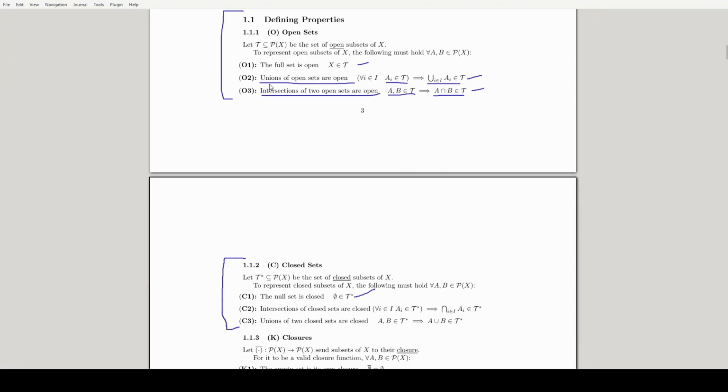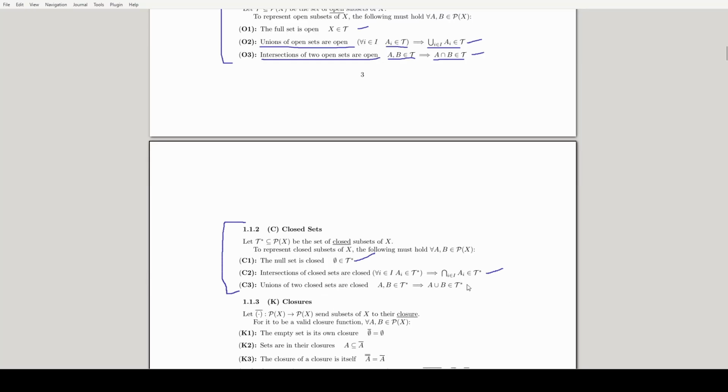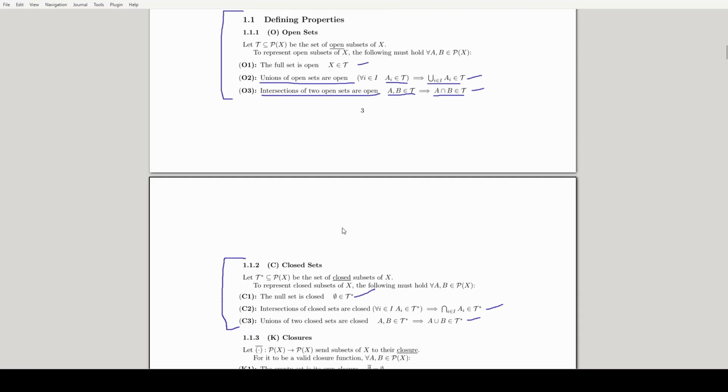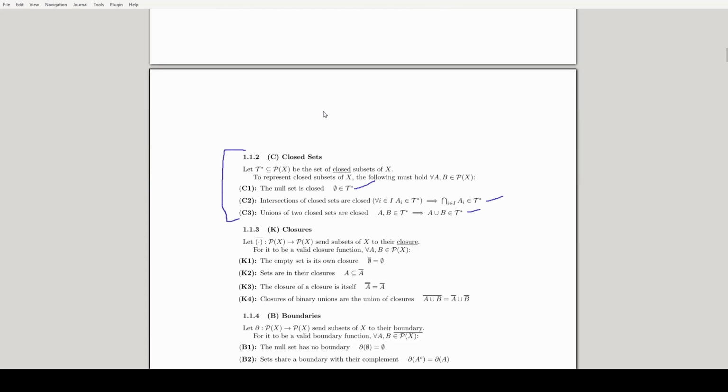Instead of unions of open sets are open, it is intersections of closed sets are closed. And instead of intersections of two open sets are open, it's unions of two closed sets are closed. So you replace full with null, and you swap unions and intersections. That's sort of the idea there.